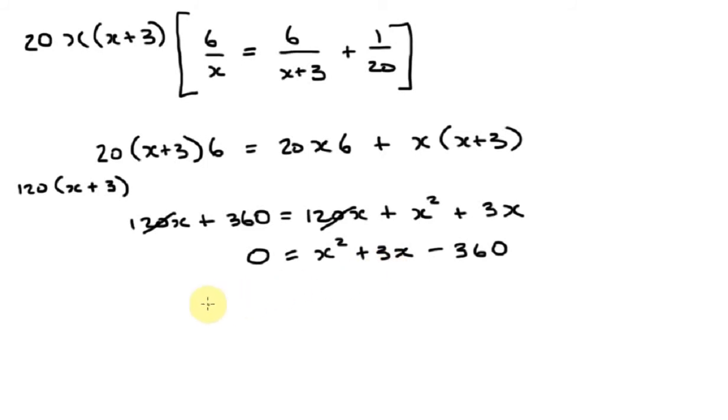Here's b, so we're going to have negative b, whoops, let's get rid of that. I don't want to write b, I want to write negative 3, so try that again. So we have negative 3 plus or minus the square root of 3 squared minus 4 times a, which happens to be 1, and c, which is negative 360.